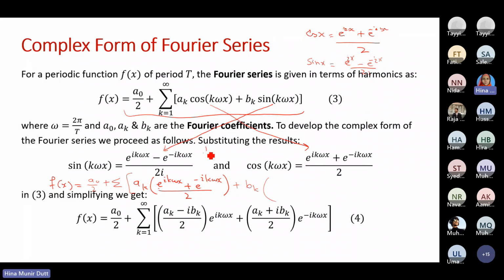So I know that 1 over iota is equal to minus iota. So instead of writing it, I can write it as minus iota. So it becomes minus iota e to the power iota k omega x plus iota e to the power minus iota k omega x over 2.